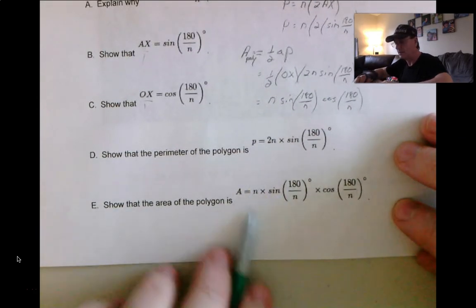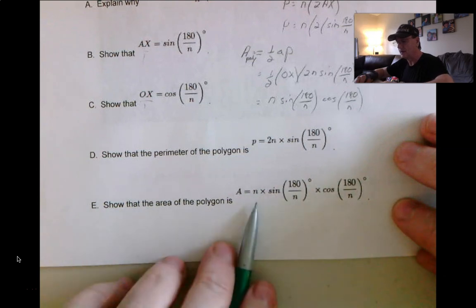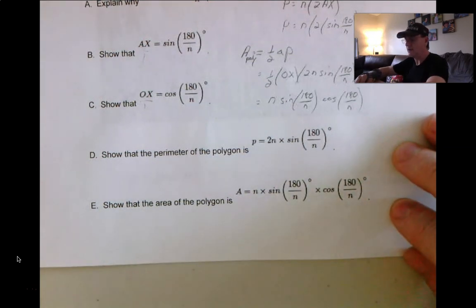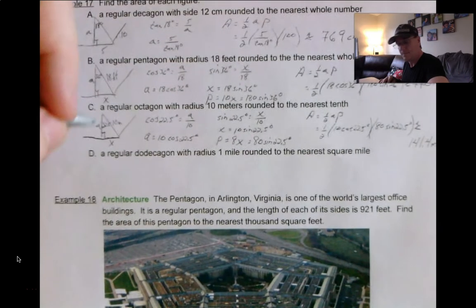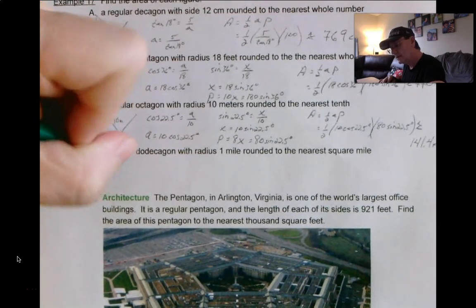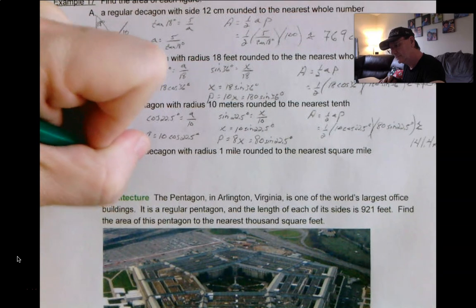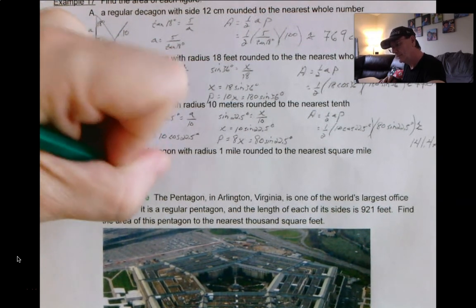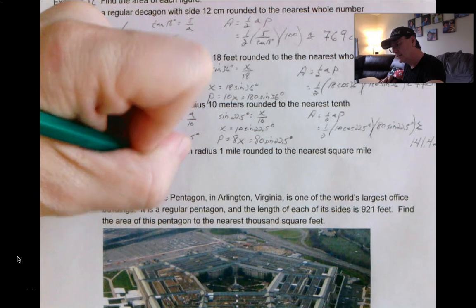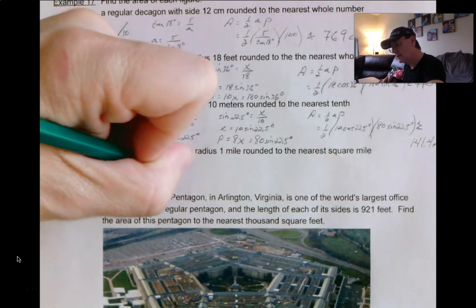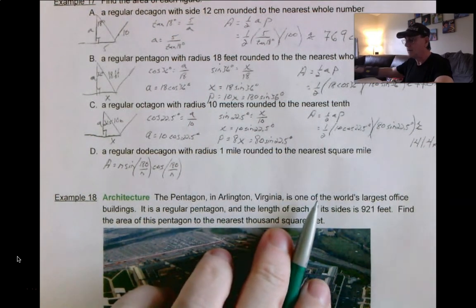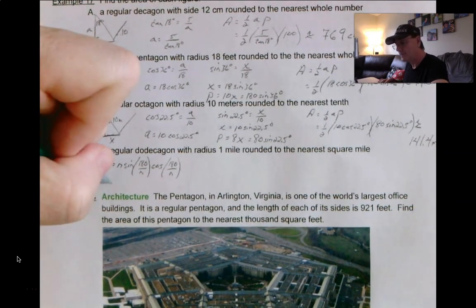So I can use this now, and I know what n is. Area equals n sine of 180 over n cosine of 180 over n, which is very similar to what we were just doing, just a little more simplified.